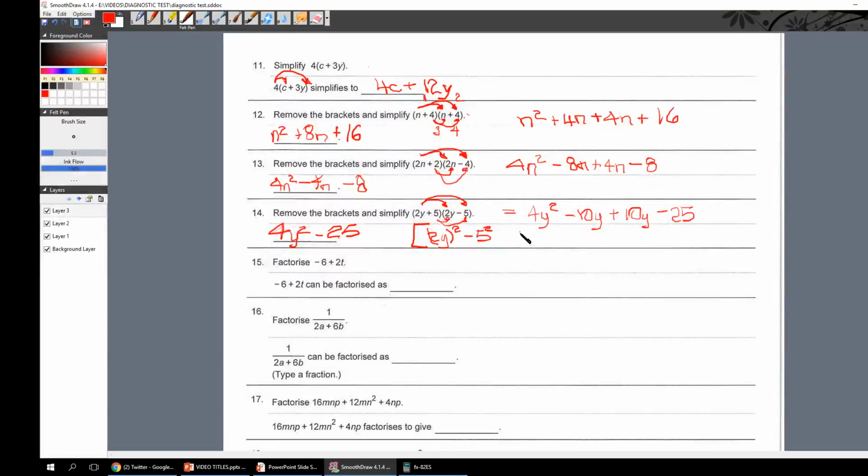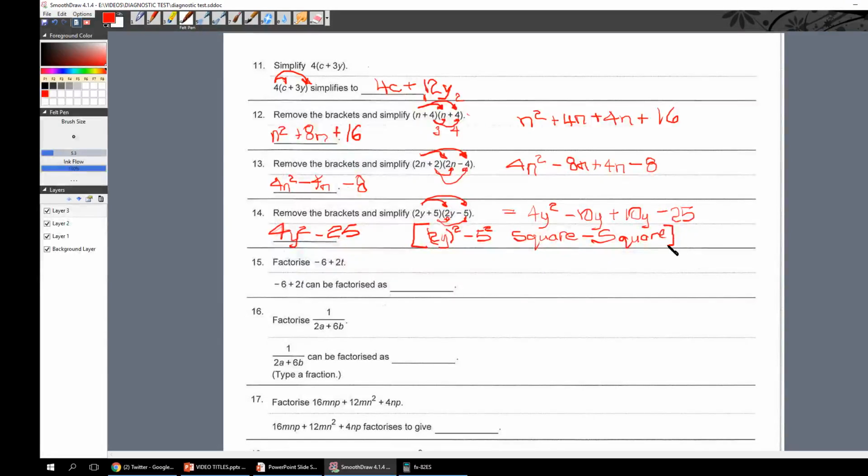And that's called a square minus a square. And that's a pattern. That's a definite pattern that we can recognize.